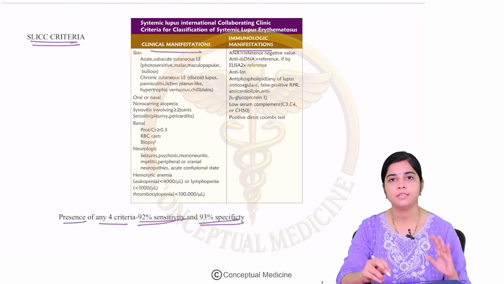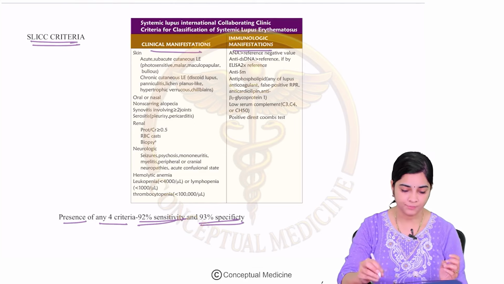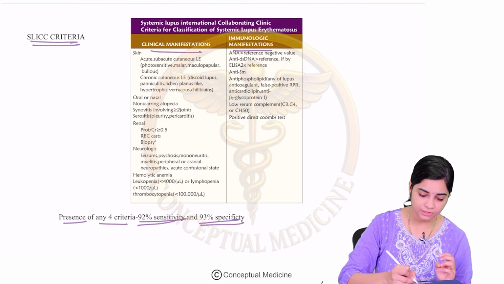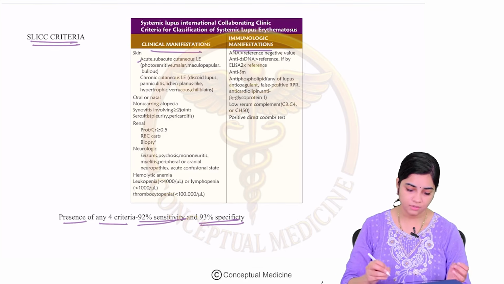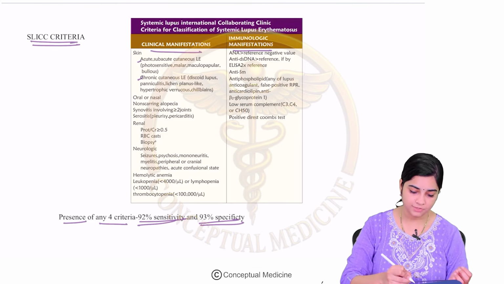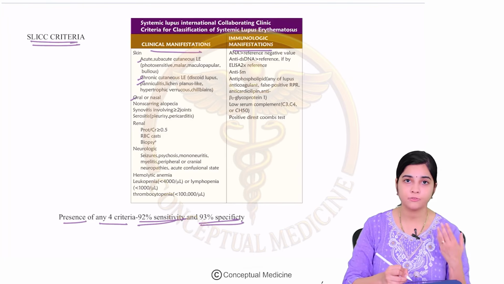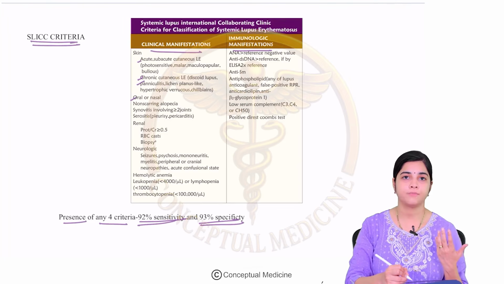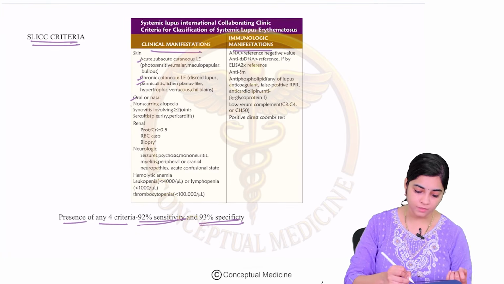So we know that SLE affects any part of the body. Skin, it can be in the form of acute or subacute cutaneous lupus, or chronic cutaneous lupus, presence of panniculitis, right? Oral or nasal involvement in the form of oral ulcers or nasal ulcers.